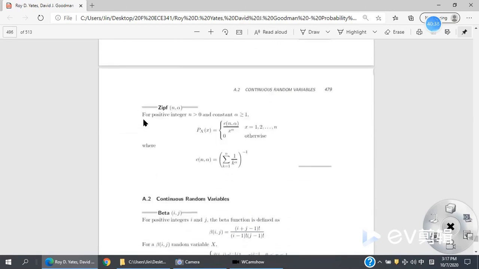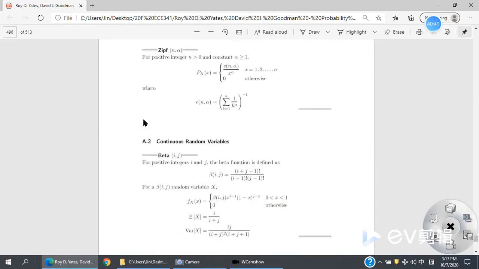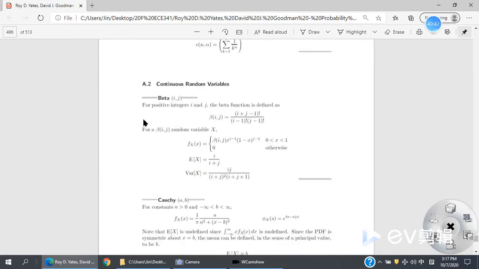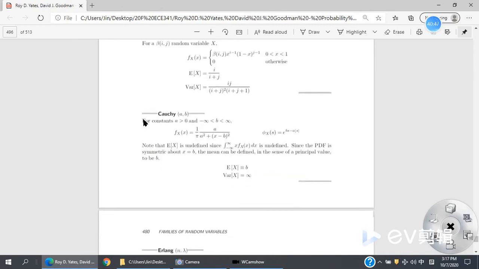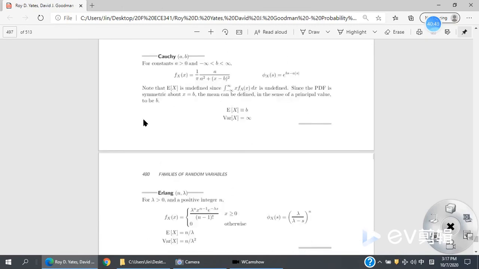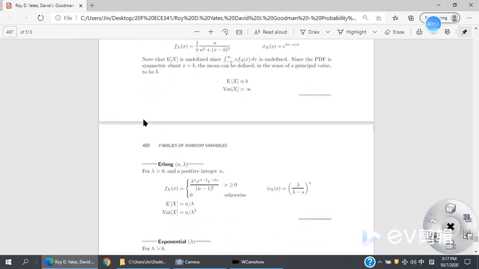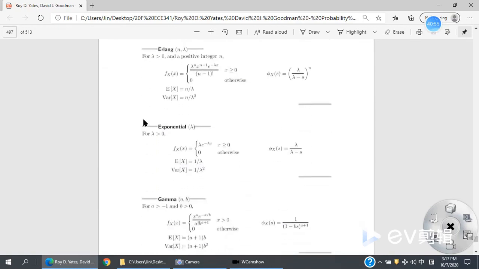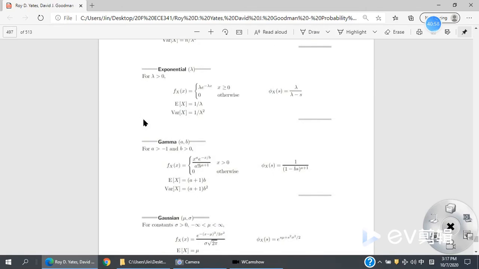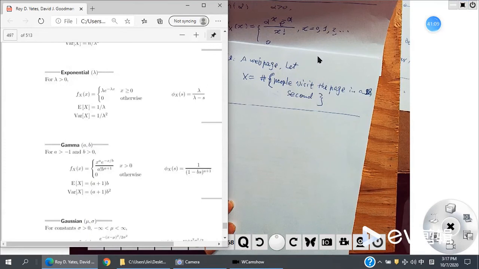Now we go to continuous random variables, beta, Cauchy. They are used somewhere, but not so commonly. We can go to this one. Okay, the exponential one. This one is quite similar to the Poisson one. So let me consider this.